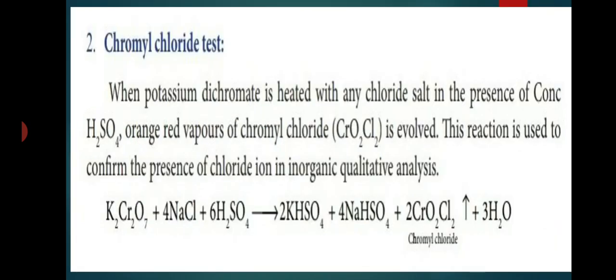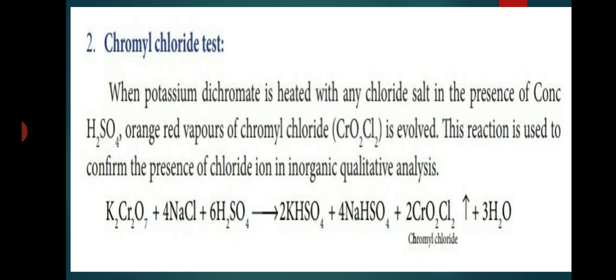Then the very important test, that is chromyl chloride test, which is used for the detection of chloride ions in qualitative analysis, that is simple salt analysis. For any chloride we can use this test. For example, potassium dichromate, when it is heated with sodium chloride and concentrated sulfuric acid, is converted into chromyl chloride vapor, that is red orange vapor.